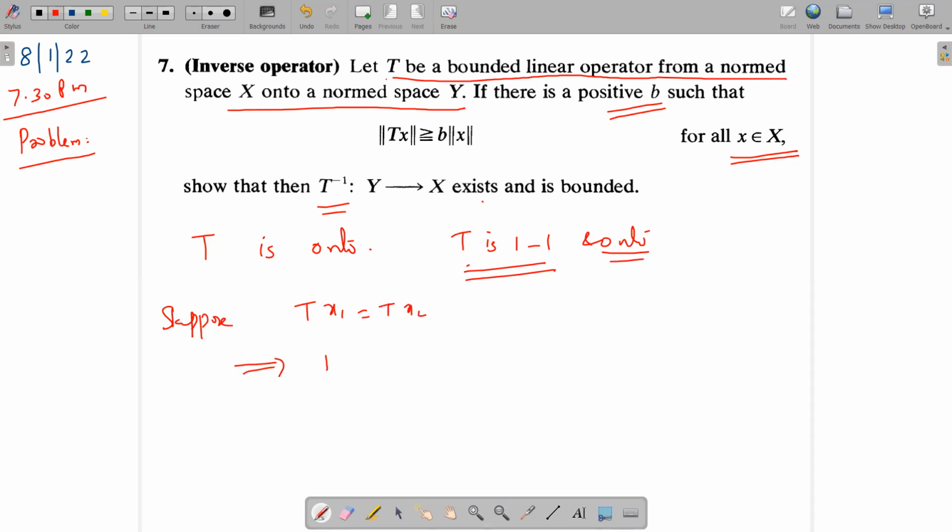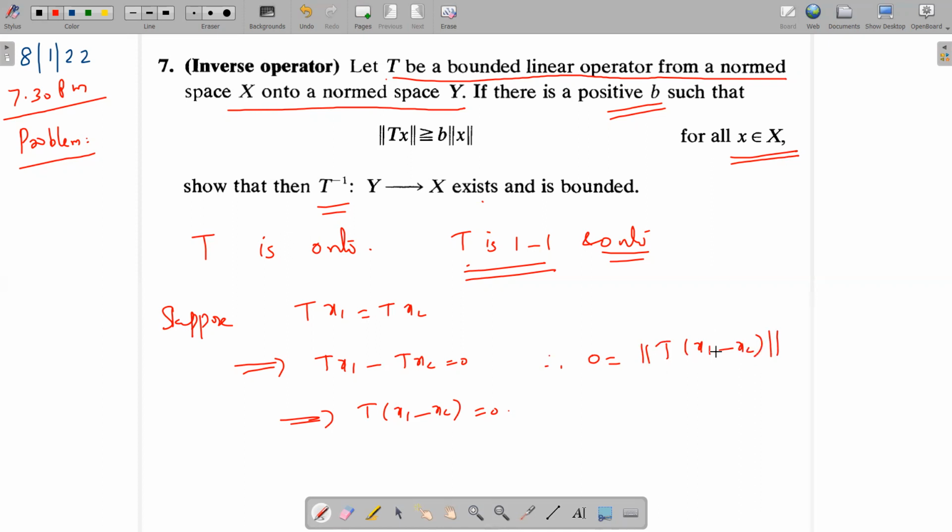This implies Tx1 minus Tx2 equals 0, which implies T of (x1 minus x2) equals 0 by linearity of T. Therefore 0 is equal to norm of T of (x1 minus x2). If something is 0, its norm is also 0.